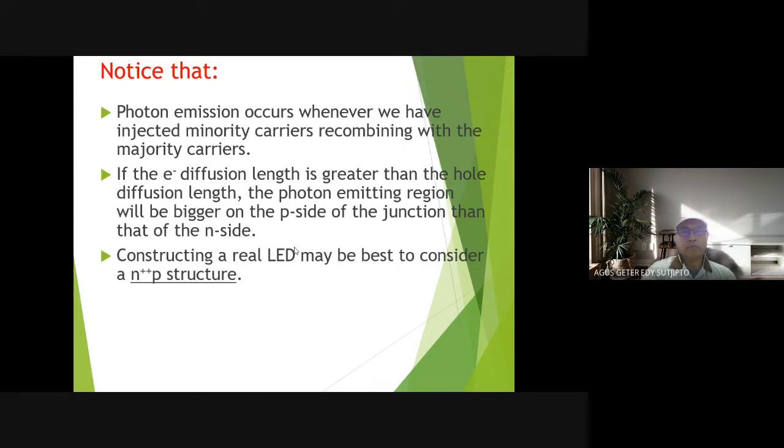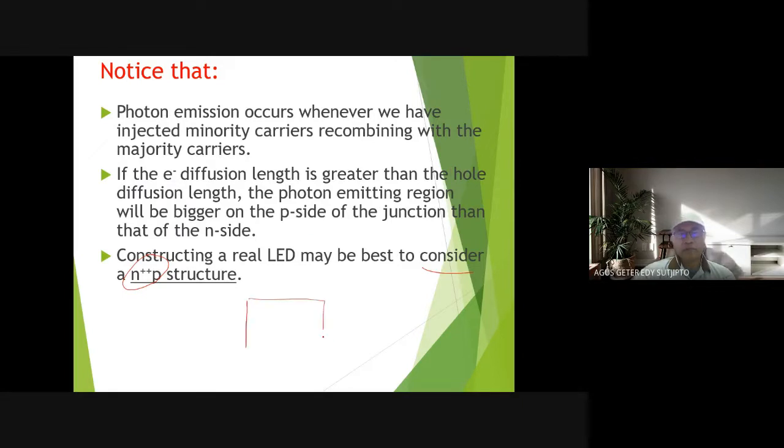Since the electron is important to recombine with the hole in the P region, it is better to consider the heavily doped N to the P, a heavily doped NP structure.